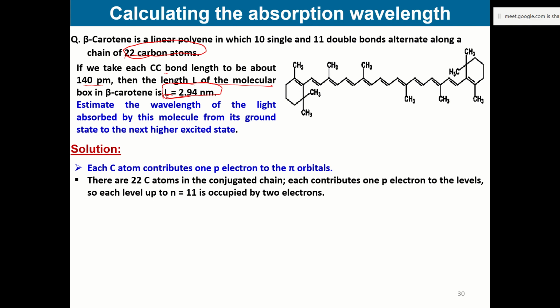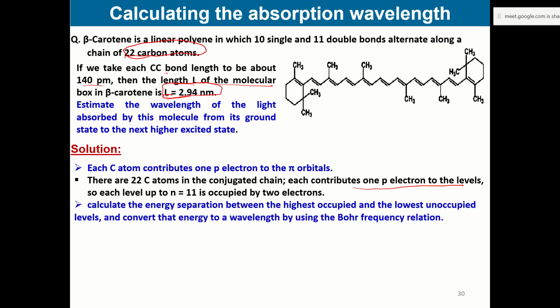If n is equal to 11, each contributes 1 p electron to the level, so each level up to 11 is occupied by 2 electrons. So you go filling up the molecular orbitals, 2, 2, 2, with 22 carbon atoms contributing, so up to 11 it is completely filled.